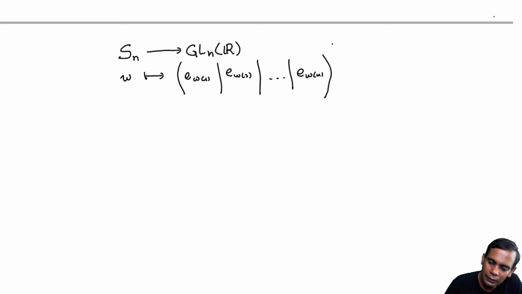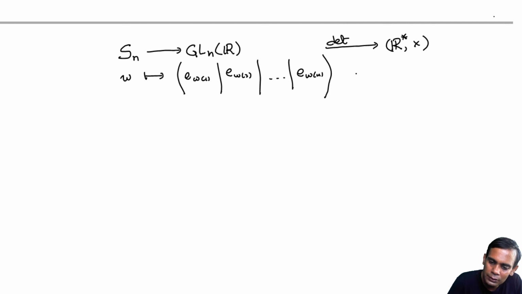And from GLn(R) to R star, the nonzero real numbers under multiplication, we have the homomorphism determinant.